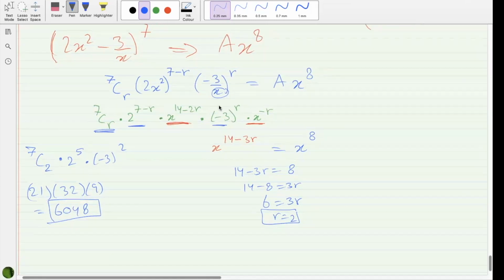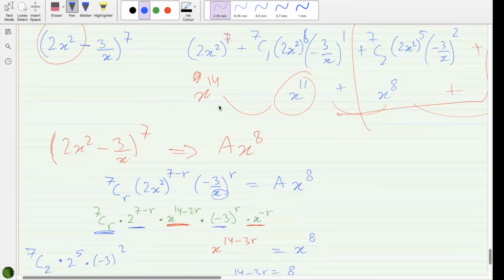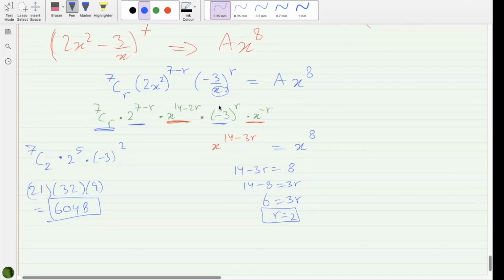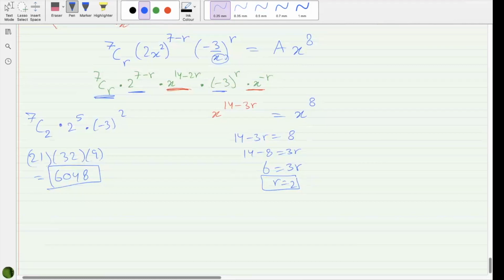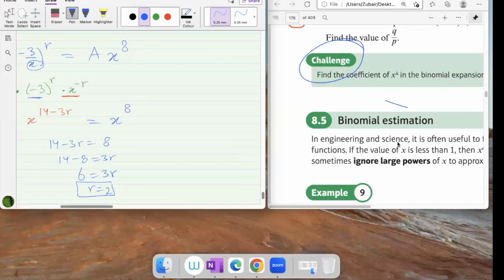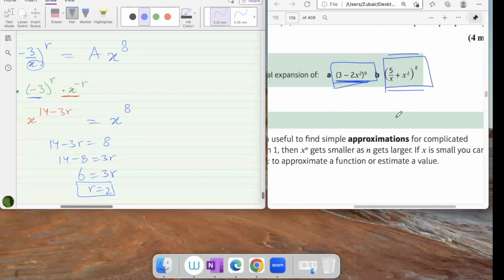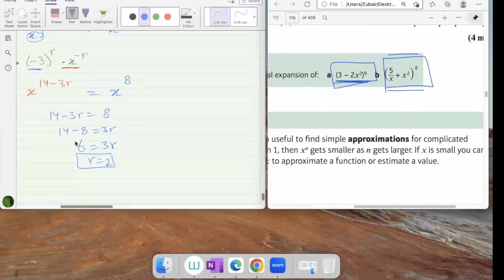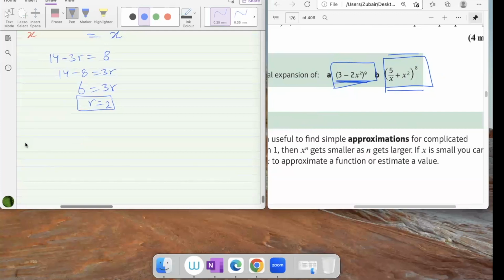This was the case when we do not know what the value of r will be. Now let's try this. It said to find the coefficient of x raised to power 4 in this expansion: 5 over x plus x square, power 8.